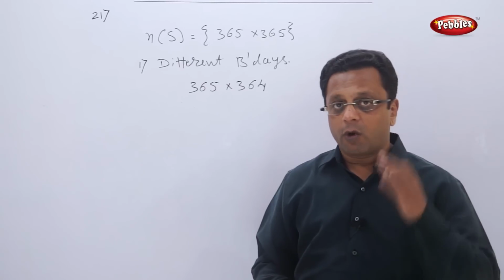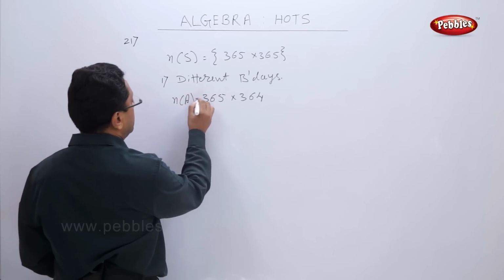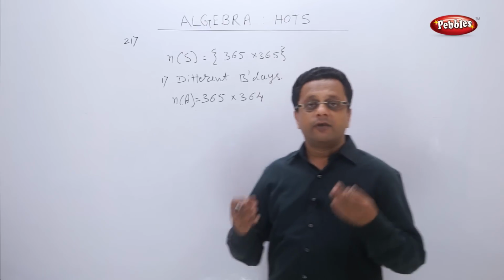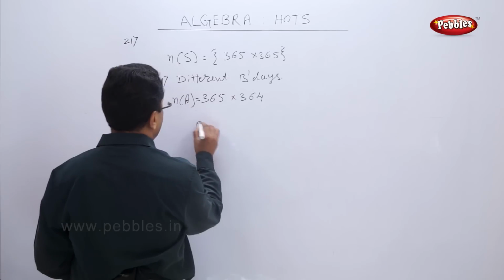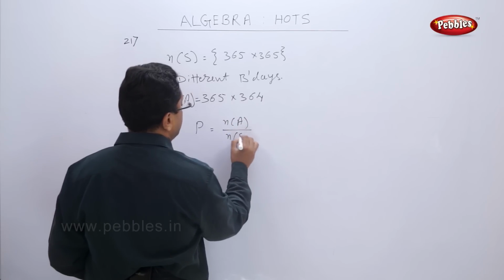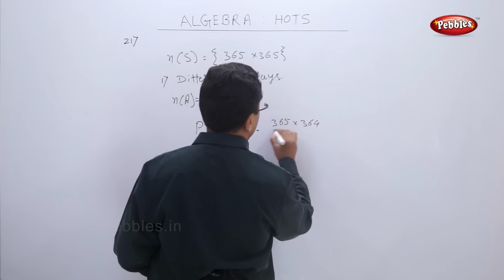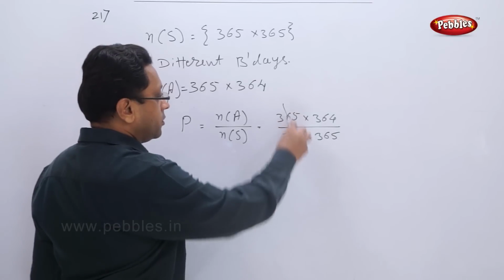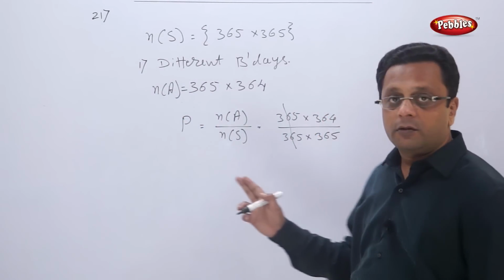So I can say that NA is equal to this. So what will be the probability? The probability will definitely be equal to NA upon NS. So the probability in this case is NA upon NS, that is 365 into 364 divided by 365 into 365. This will get cancelled. So we will have 364 upon 365.